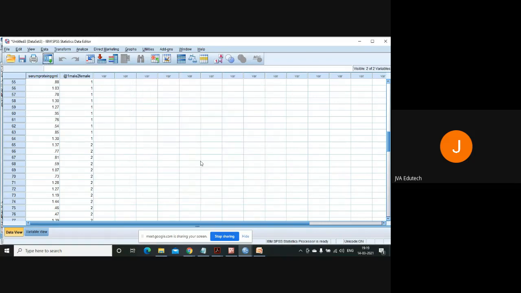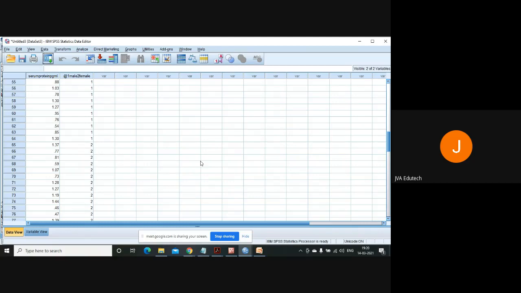Sometimes what happens is that we have an SPSS version that does not support all the statistical tests. For that, SPSS comes up with a very good thing that is known as syntax.